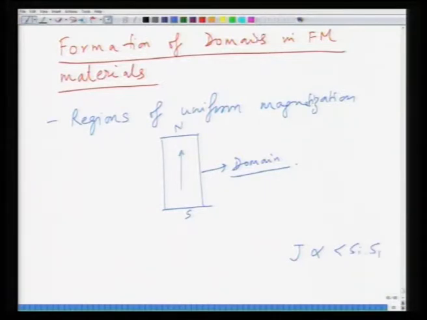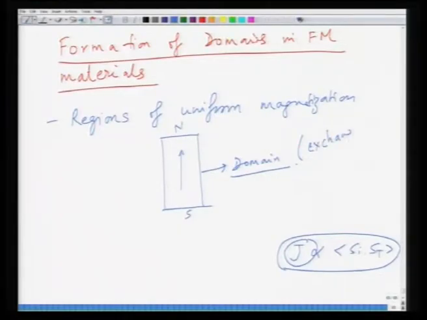For certain ferromagnetic materials, the exchange integral is proportional to the sum of spin moments of all the atoms, and this exchange energy happens to be minimum when all the spins are aligned in one direction, and that is what makes one domain. So, this domain essentially is a result of the minimum exchange energy.